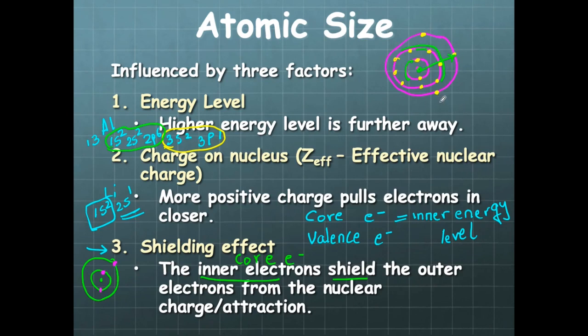The more core electrons, the more the shielding effect, and the less the hold of the nucleus on its valence electrons.